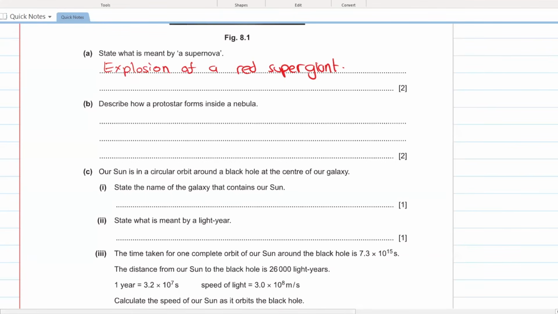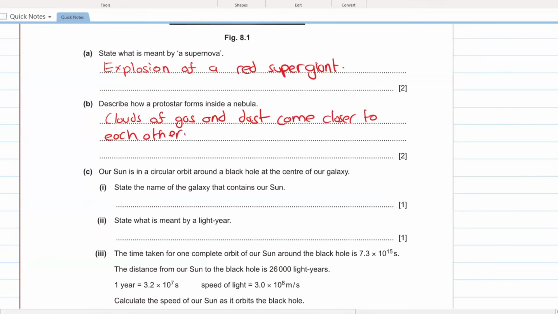We have to tell how a protostar forms from a nebula. Perfect. So you will say clouds of gas and dust come closer to each other. What happens next?